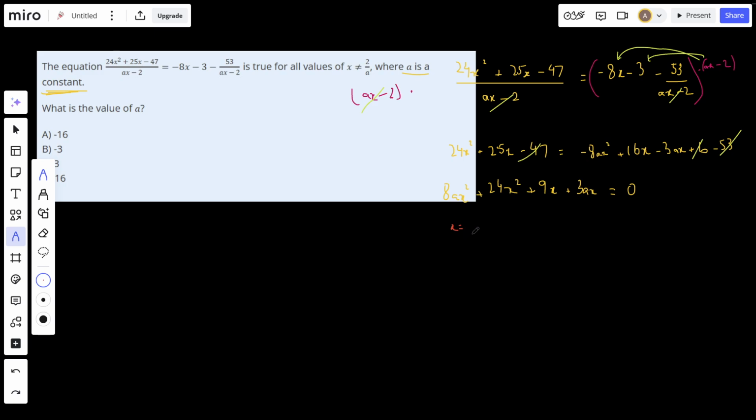So what we want to do instead is try x equals 1. In this case, we'll have 8a times 1 squared plus 24 times 1 squared plus 9 times 1 plus 3a times 1 equals 0.